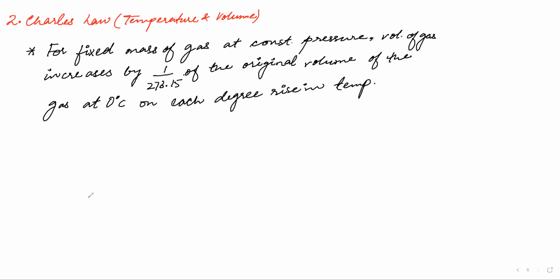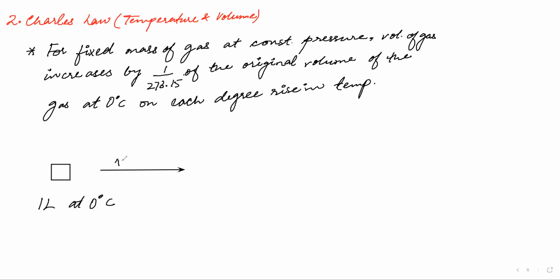So what does this mean? It means that if we take a gas, and this is the volume it is occupying, let us say 1 liter. It occupies 1 liter at 0 degrees Celsius. Now we increased the temperature by 1 degree Celsius.